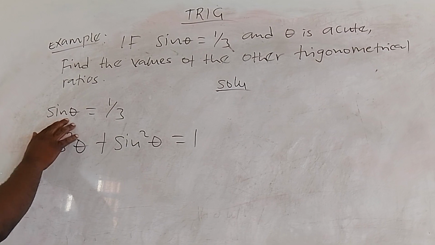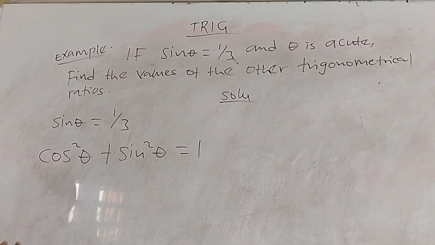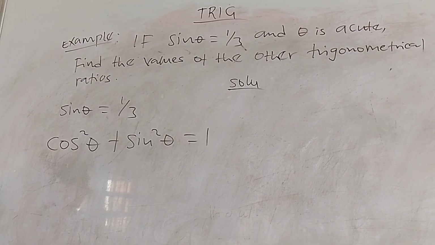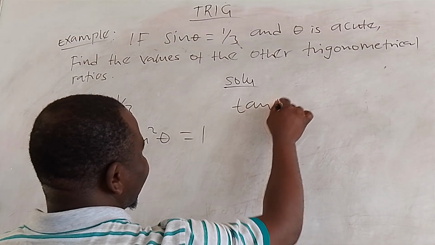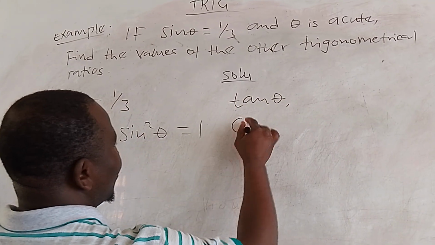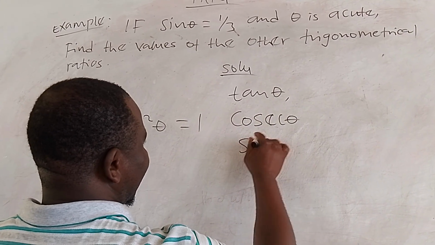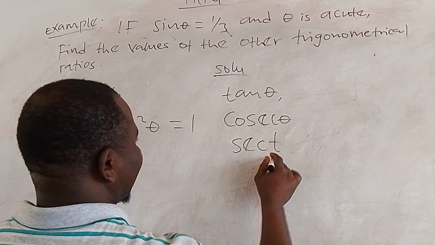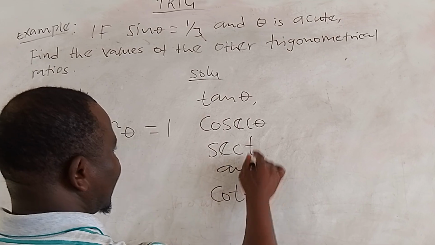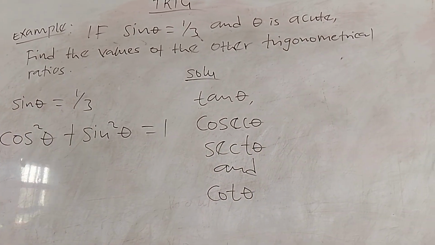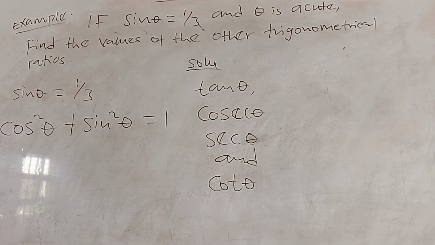Since we have been given sin theta as 1 over 3, it means cos theta is unknown. It means we also look for tan theta, we look for cosec theta, we look for sec theta, and cot theta.